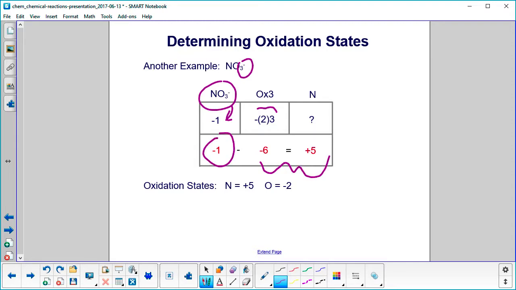All right, so what we have is -1 equals -6 plus, we'll put N here for the charge on nitrogen. You solve that equation and you get the oxidation state of nitrogen is +5. And again, we got the -2 from the periodic table for oxygen.